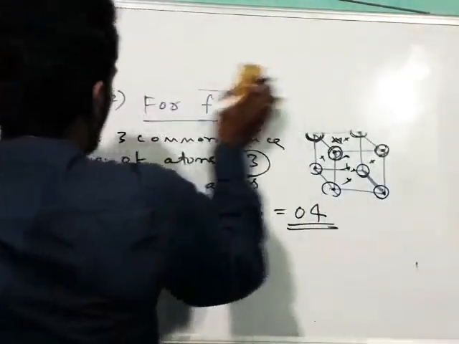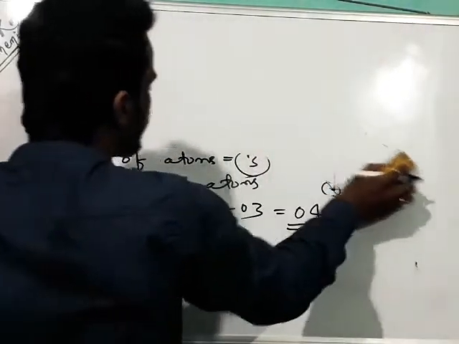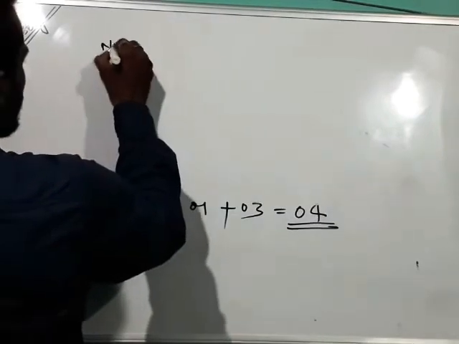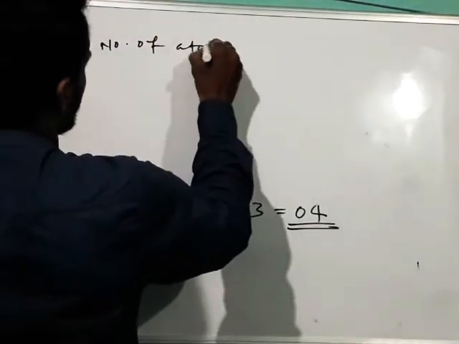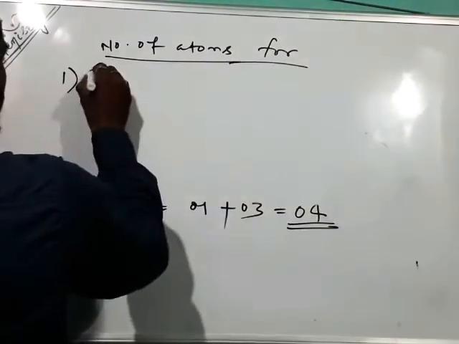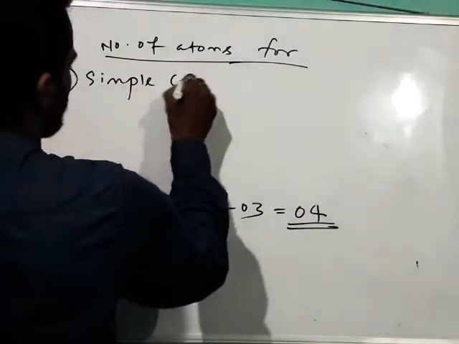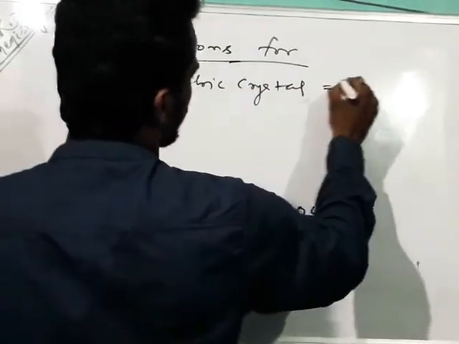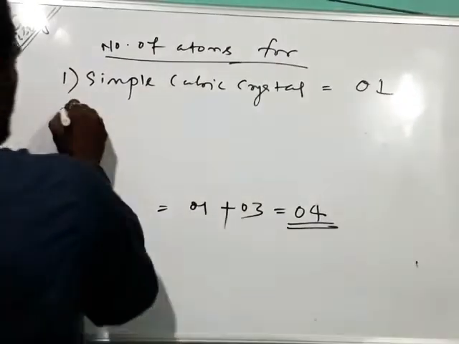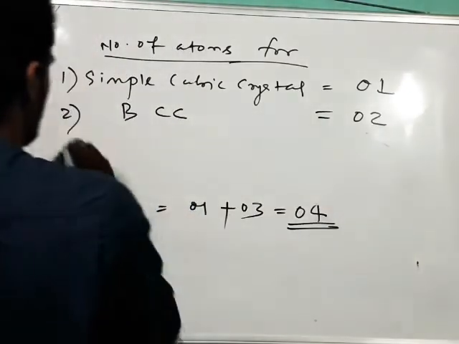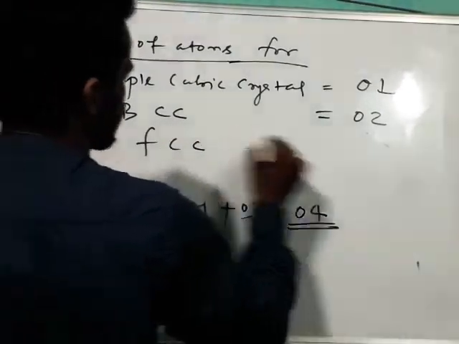Then at last we conclude from today's study that the number of atoms for simple cubic crystal is 1, for body centered cubic crystal is 2, and for face centered cubic crystal is 4.